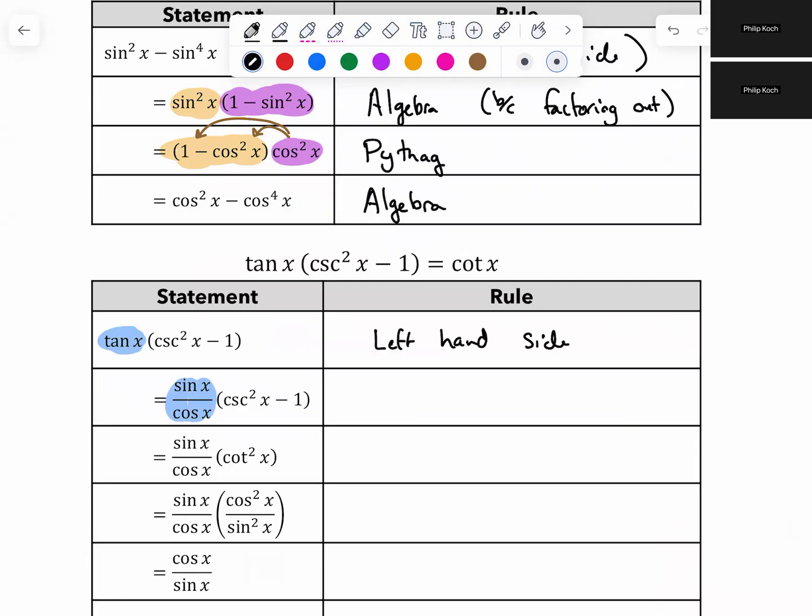That's going to be a quotient identity. The next thing that changes is the cosecant squared minus 1. That changes to a cotangent squared by one of the identities up above. In particular, it's a Pythagorean identity.